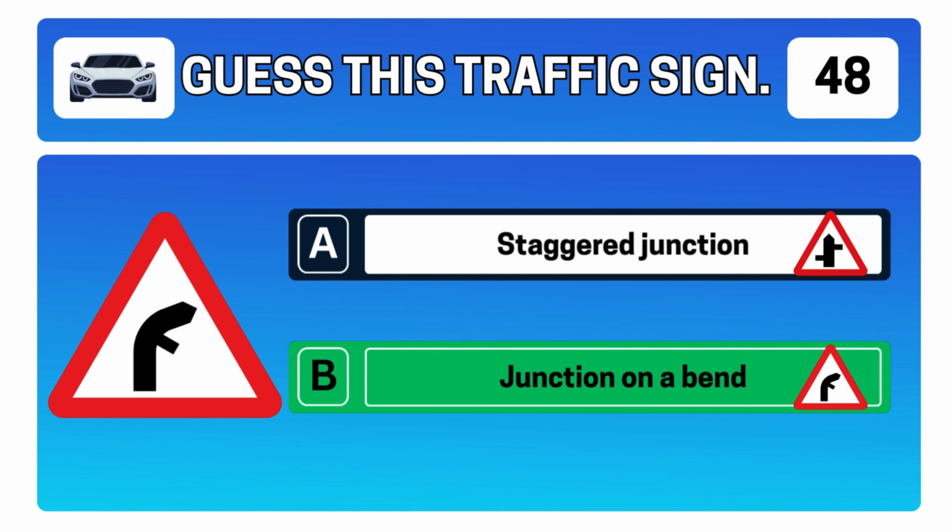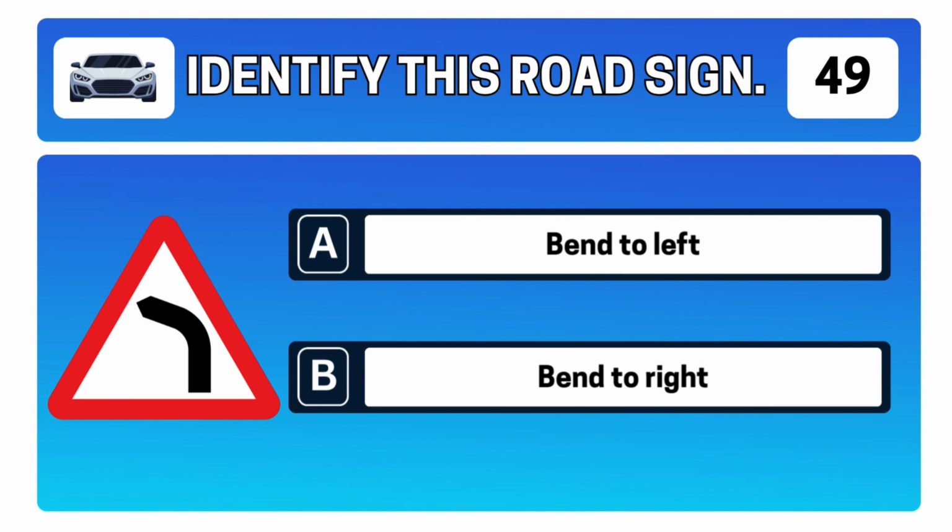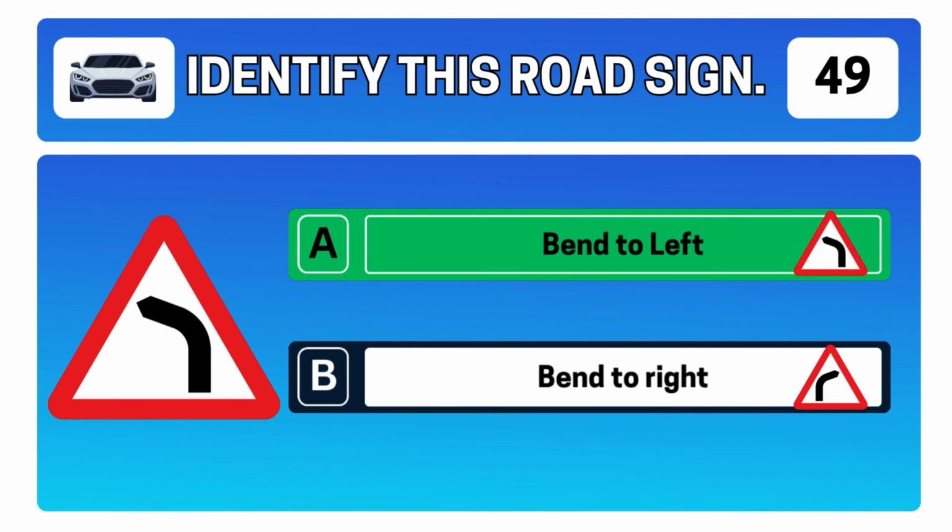Correct. It is the junction on a bend sign. Identify this road sign. A. Bend to left. B. Bend to right. Exactly. It is the bend to left sign.